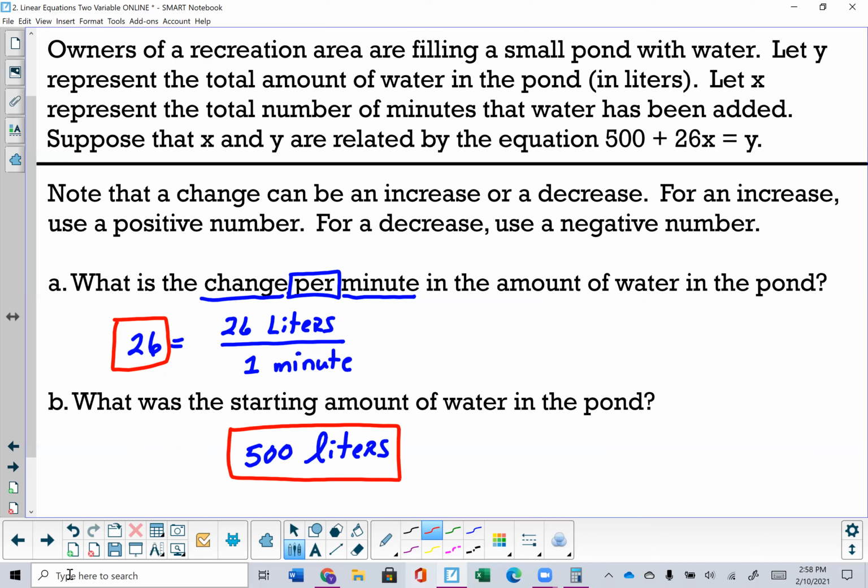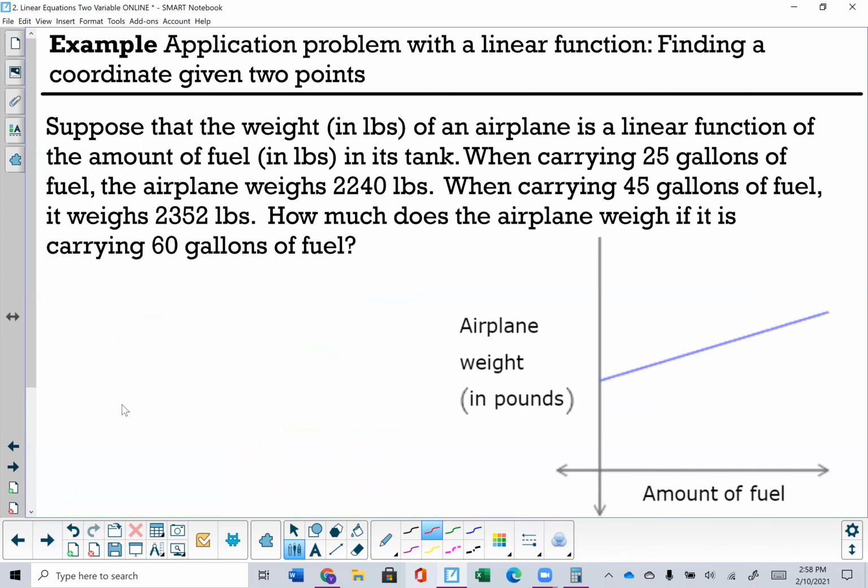All right, let's continue on with another contextualized question. So we have an application problem with the linear function, and we're going to be finding a coordinate given 2 points. So suppose that the weight in pounds of an airplane is a linear function of the amount of fuel in its tank.